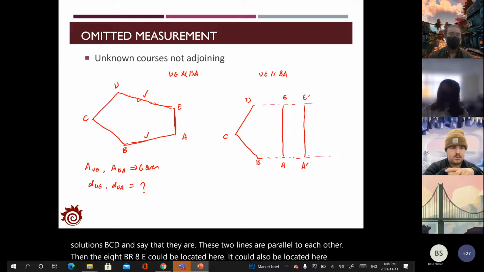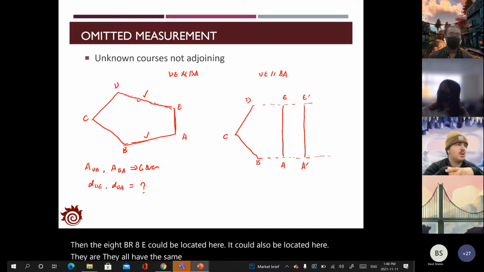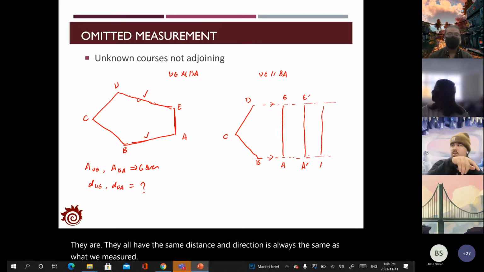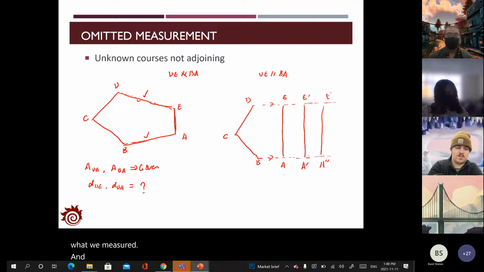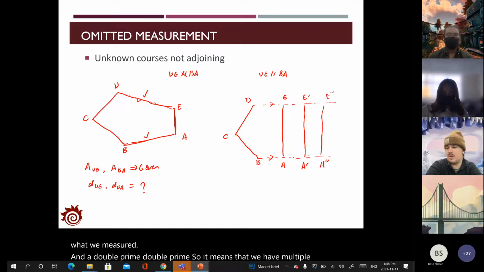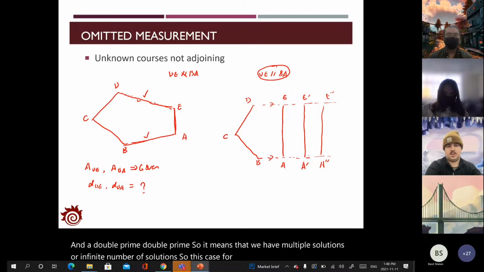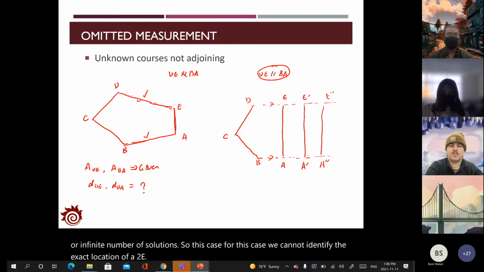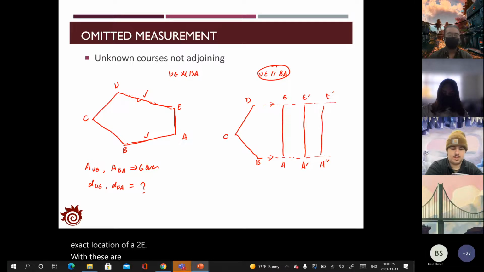They all have the same distance, and the direction is always the same as what we measured. And A double prime, E double prime. So it means that we have multiple, or an infinite number of, solutions. For this case, we cannot identify the exact location of A to E with the missing distances of two sides.